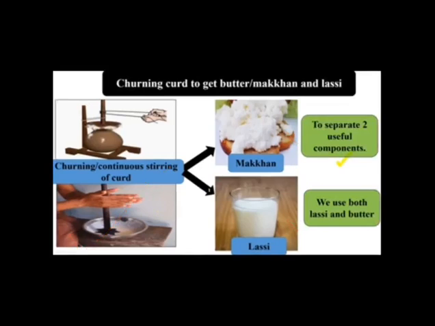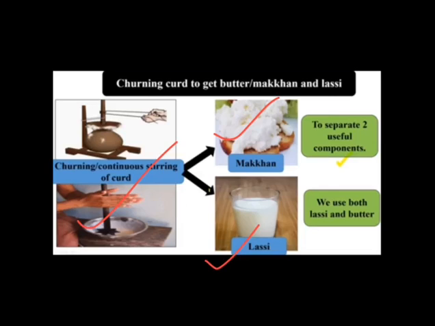By continuous churning of curd, we get makhan and lassi, and both of these are useful components.